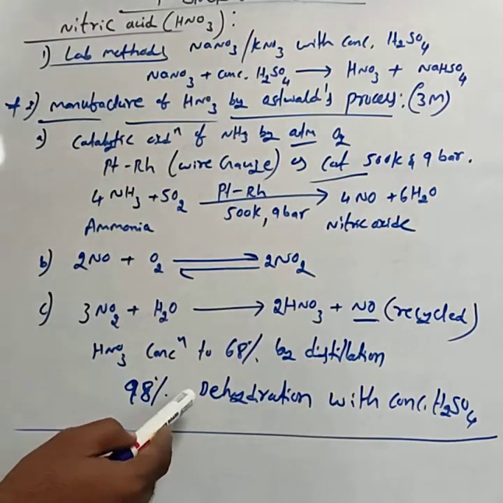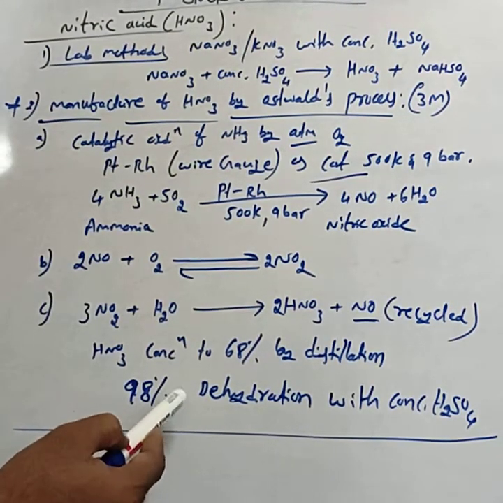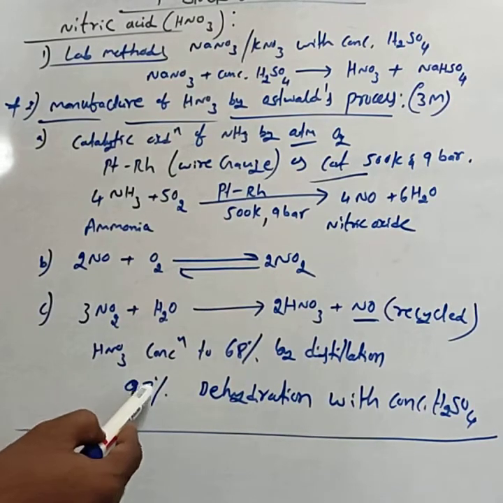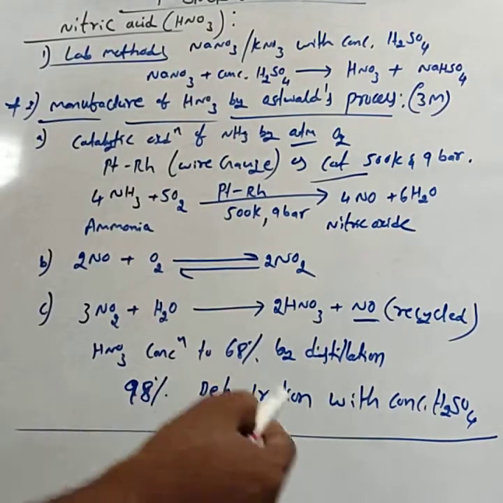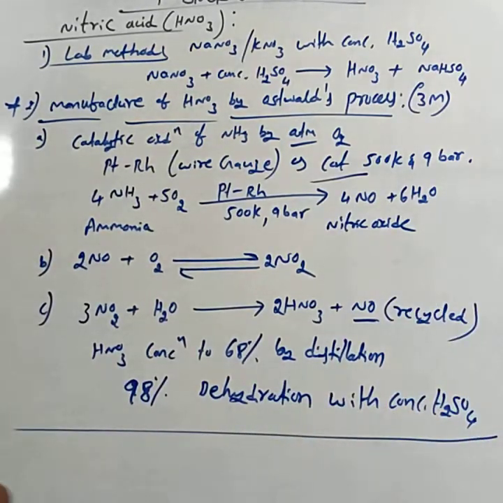In the board exam, they once asked by name the reagent used to get 98% HNO3. That is dehydration with concentrated H2SO4. This is about Ostwald's process. Note it down as it is and you get the 3 marks. It is 3 steps, and each step carries 1 mark.